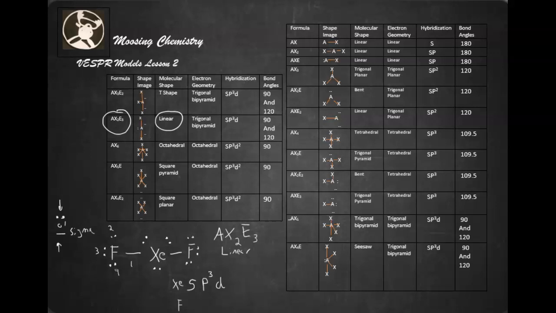So now we have 1 for S and then 3 for P, because 1 plus 3 is 4. So that gives us the hybrid orbital now for F. See, this is not really that hard.